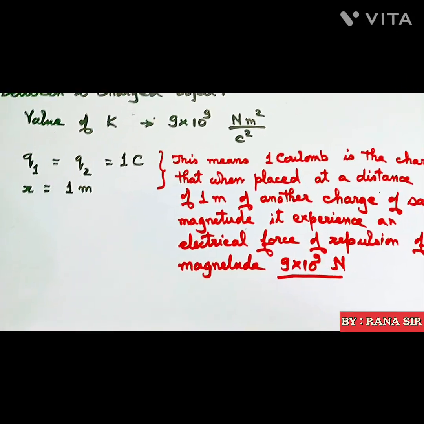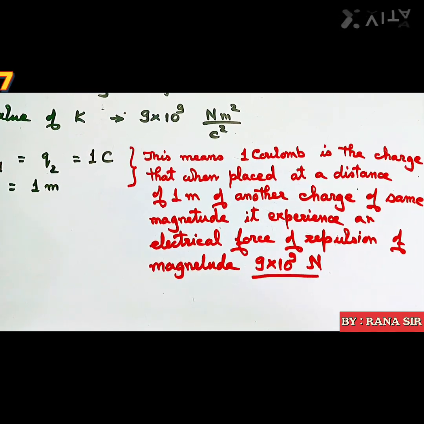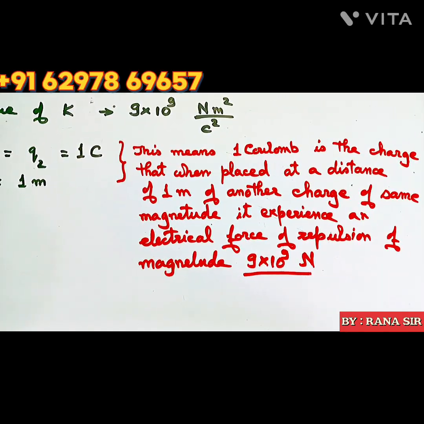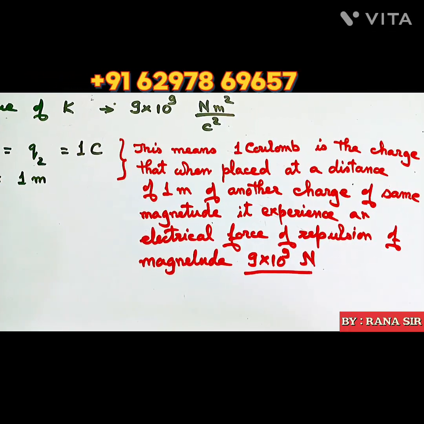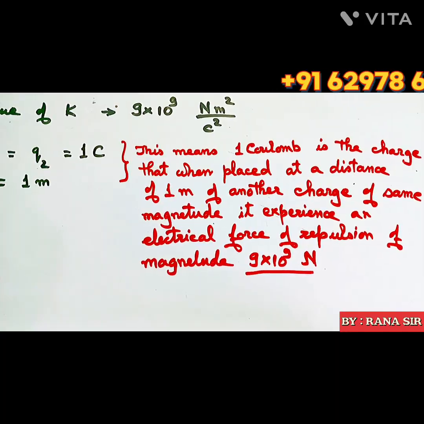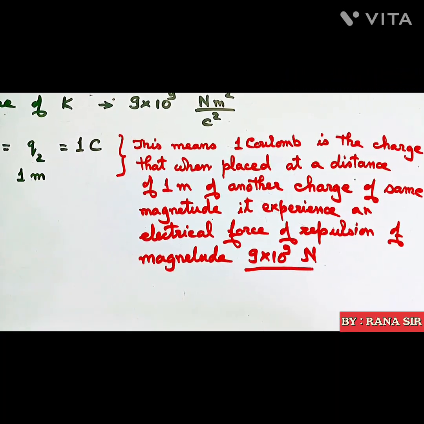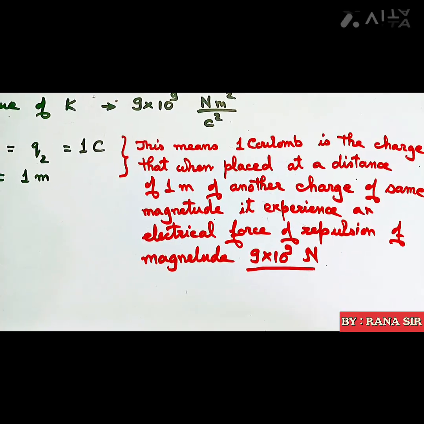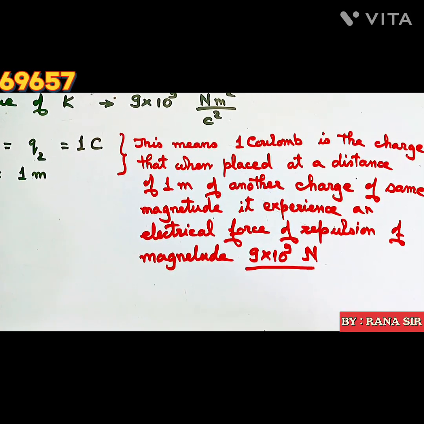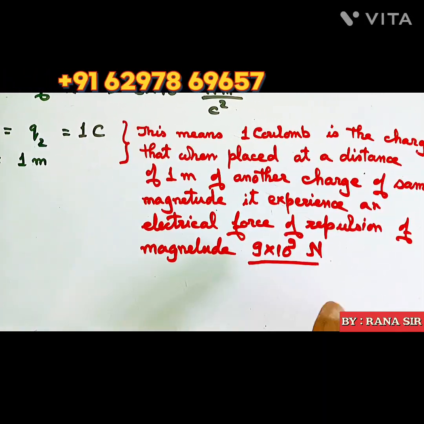So this means that 1 Coulomb is a charge that, when placed at a distance of 1 meter from another charge of the same magnitude, magnitude is strength, the strength of the charge is the same, it experiences an electrical force of repulsion. And the charges are the same, hence the force is repulsive. And what is the force magnitude? 9 into 10 to the power 9 Newton.